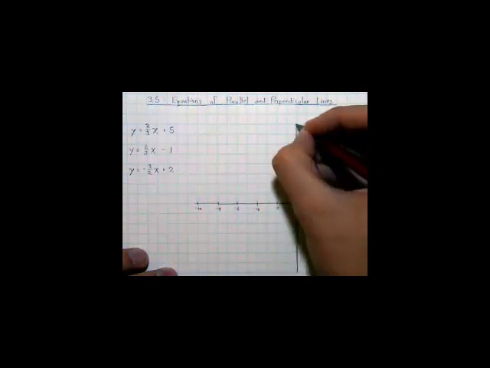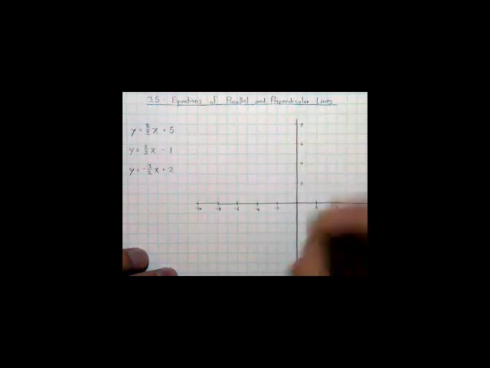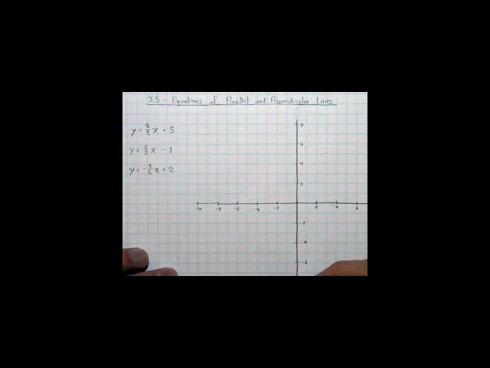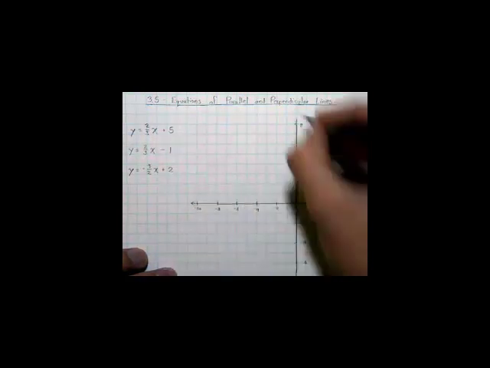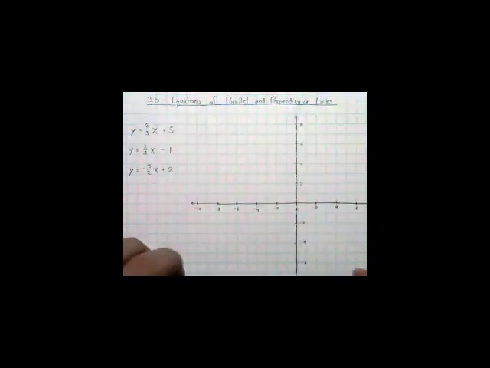I think I'm just going to make it up to 8 this direction then. But this should still be plenty of room for what we need to do. Alright, so like I said, little review of graphing some lines.